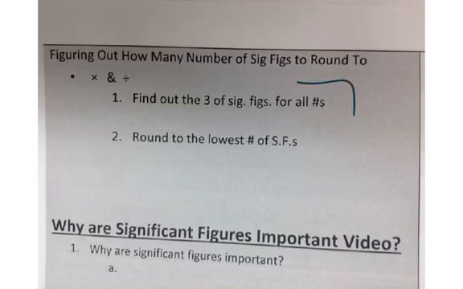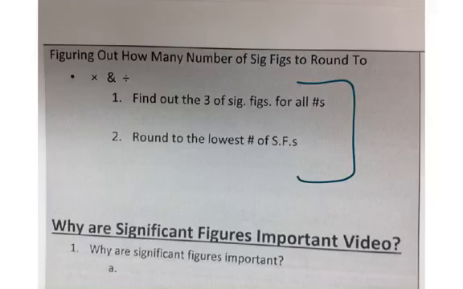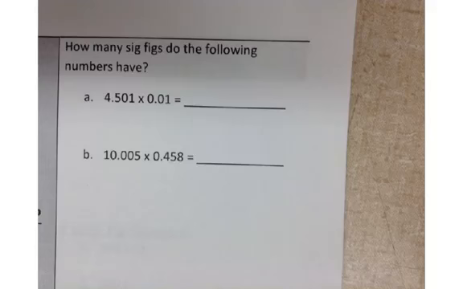So you're going to follow these steps in order to learn how to round to the sig figs. So the first thing is that you're going to find out the sig figs for all of them. That should be the number of sig figs for all the numbers. Okay, so the first step is find out the number of sig figs for all the numbers.